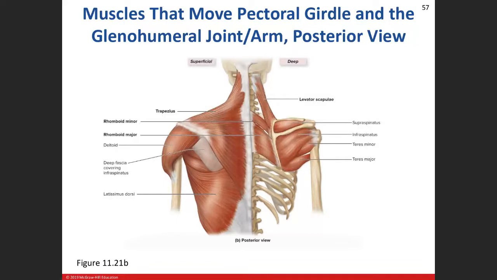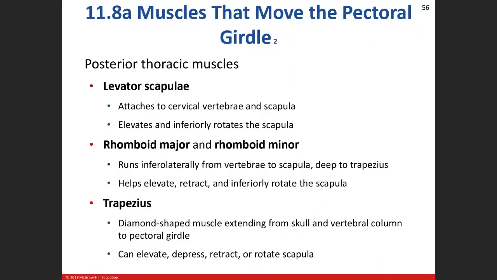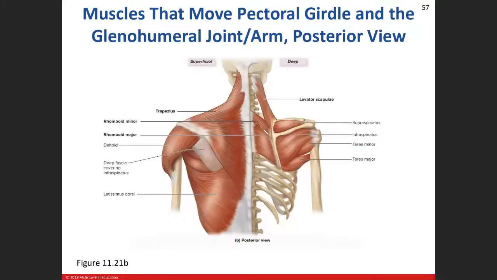It moves the scapula out that way, almost like a lateral rotation, but when it comes to the scapula, we call it inferior rotation. Rhomboid major and minor are located in between the vertebra and the scapula on the medial border side.